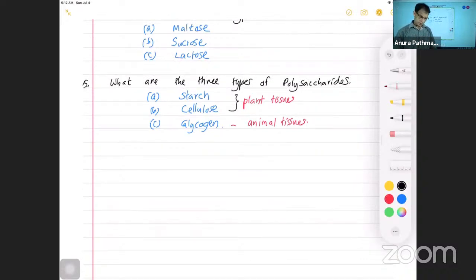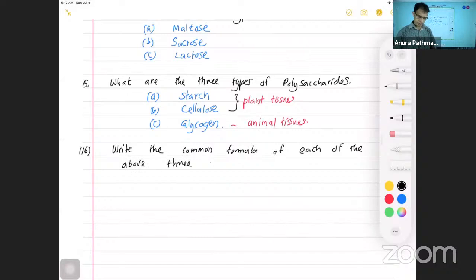Well, my next question, question 16, right? Write the common formula of each of the above three categories of carbohydrates.